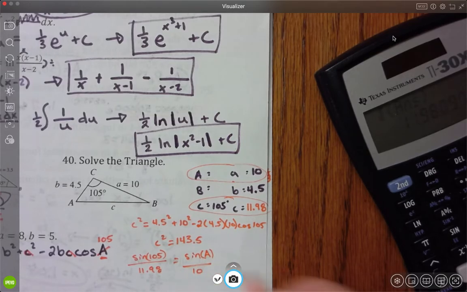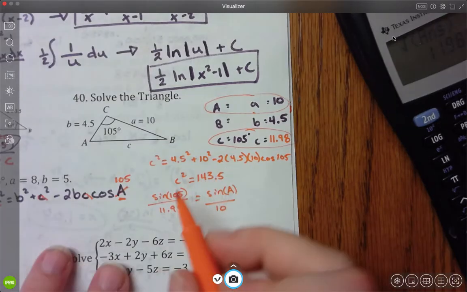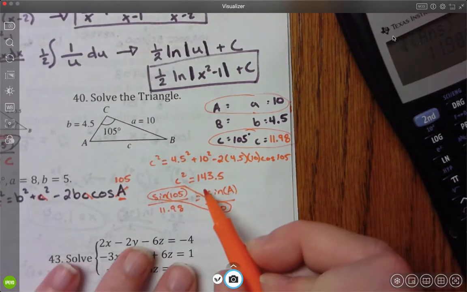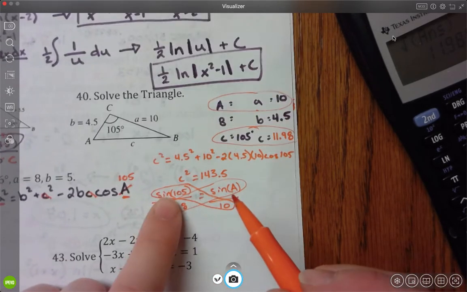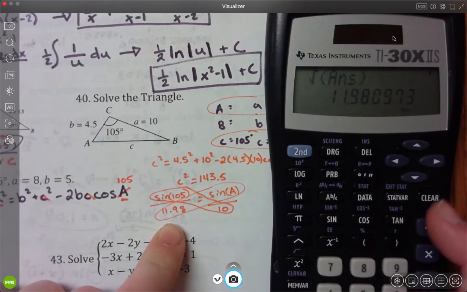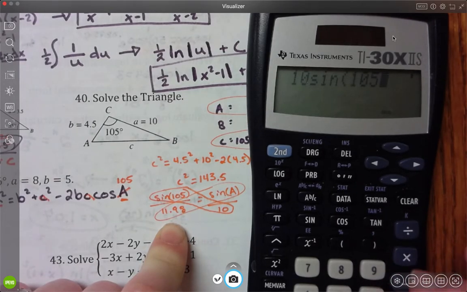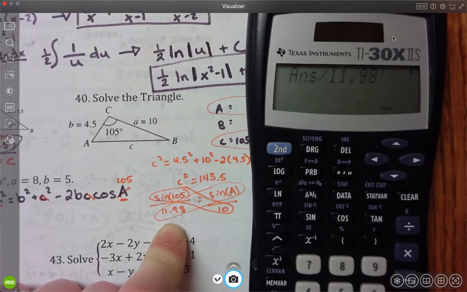Now this one's going to be kind of a weird one because when we cross multiply, I'm going to take 10 times sine of 105 and divide by 11.98. So let's do that to start with. 10 sine of 105 divided by 11.98, and I get 0.8 something.